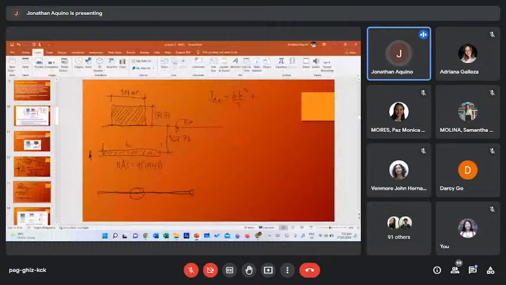So in this, the transform area method term is simply A d squared, where A is the area and d is the distance from the centroid of the section under consideration to the centroidal axis.